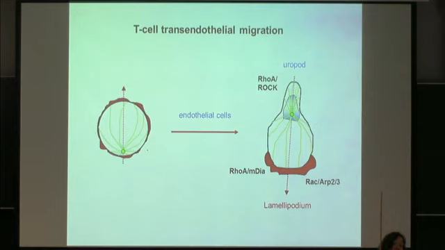So Rho A is active right at the front of the cell, and RAC just behind it. So you would still have spatial segregation. But they didn't do it in the same cell, and nor have we. They did it by just comparing lots of cells. It's very difficult to do them both in the same cell.